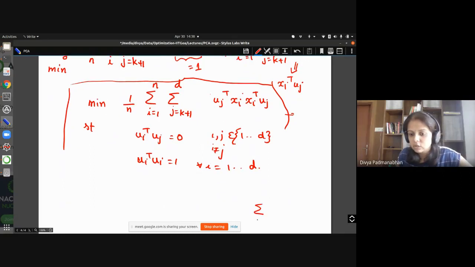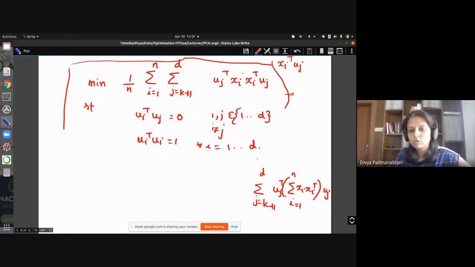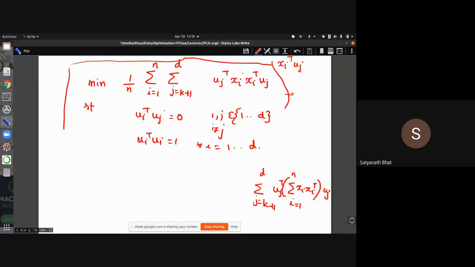I can write this objective as, j is k plus 1 to d, uj transpose summation i equals 1 to n xi transpose uj. I'm just changing the order of the summation. The center term also has 1 by n, I think that is also there, right? 1 over n.